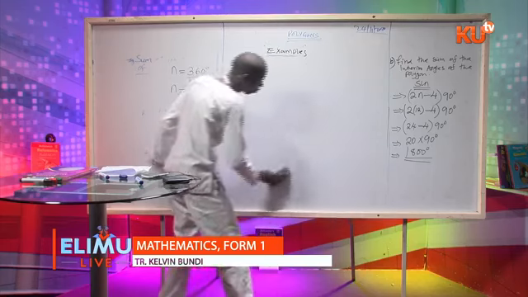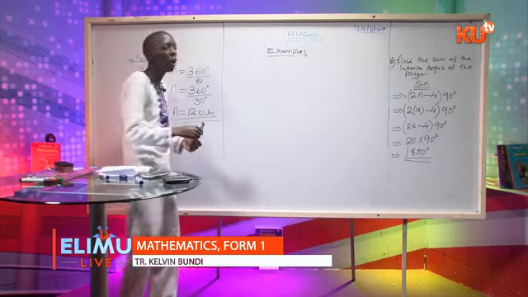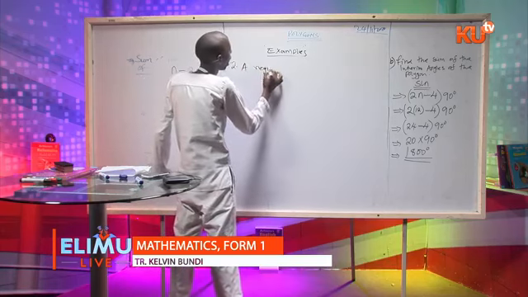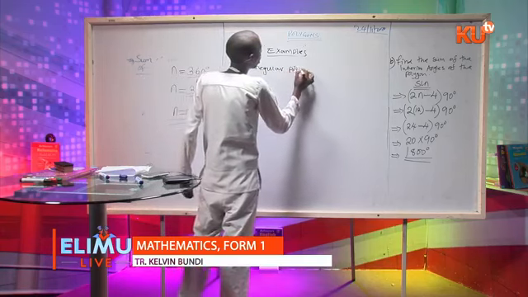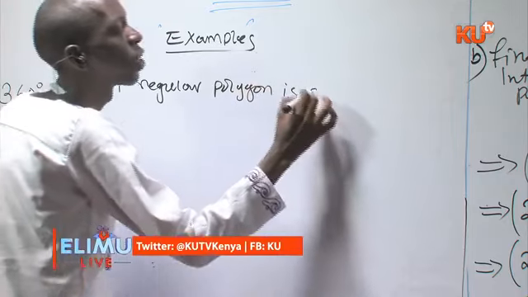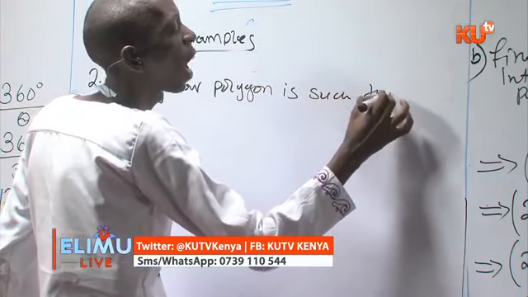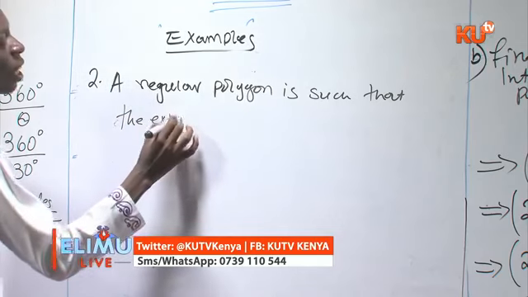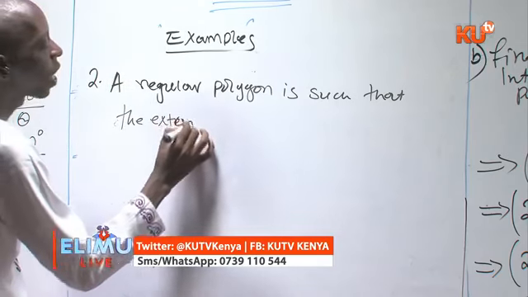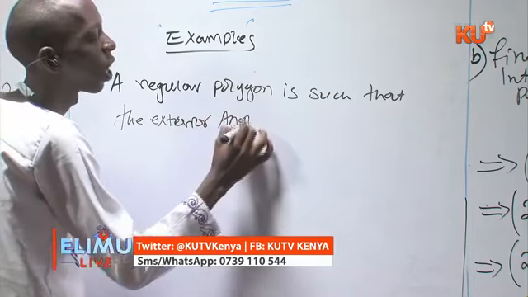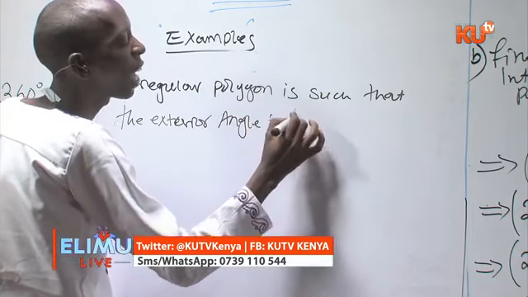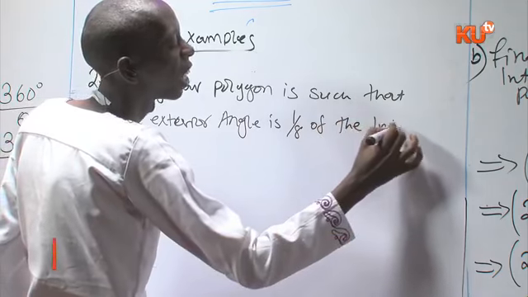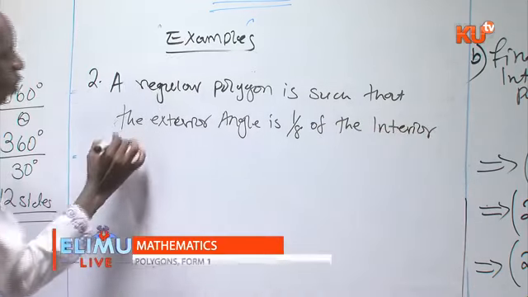Example 2. A regular polygon is such that the exterior angle is 1/8 of the interior angle.